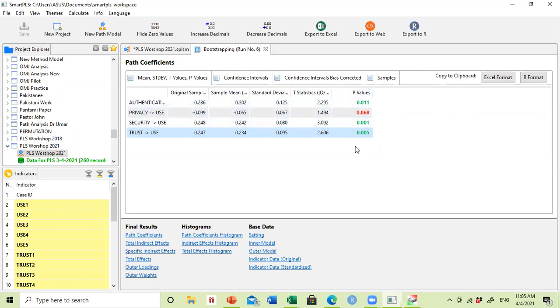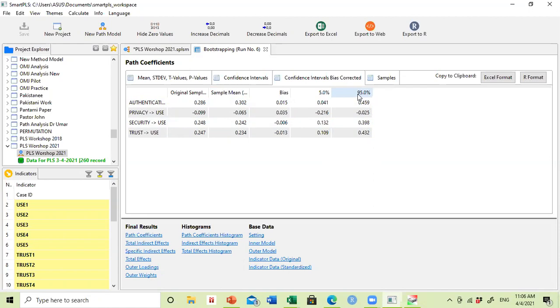But now, we cannot rely only on this. We have to check the confidence interval. Here, you go for confidence interval bias corrected. It looks at the 5% and 95% confidence interval.